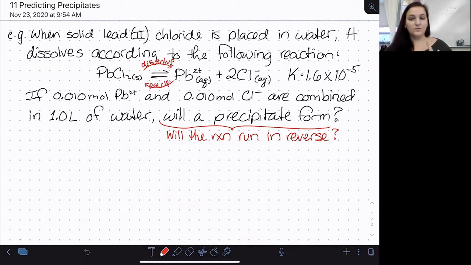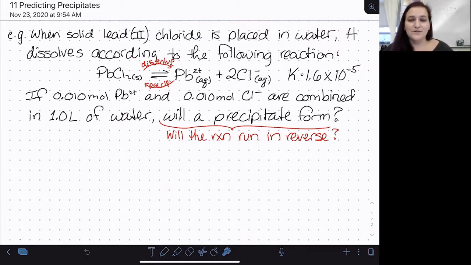So asking you, will the precipitate form, is really just asking, does this reaction want to go backwards from where it is right now? So if these are our current concentrations, we can figure that out using the tools that we have available to us already from our discussions of equilibrium.